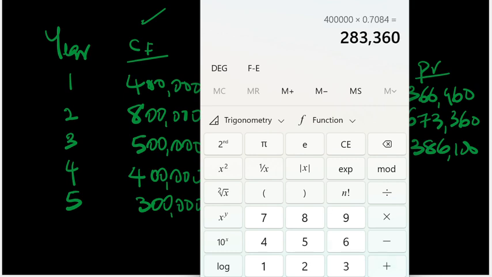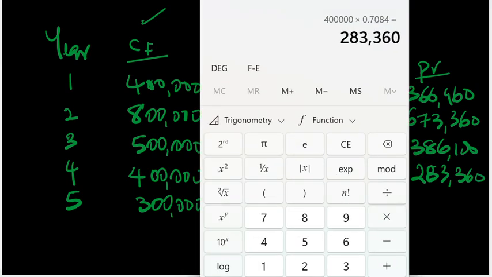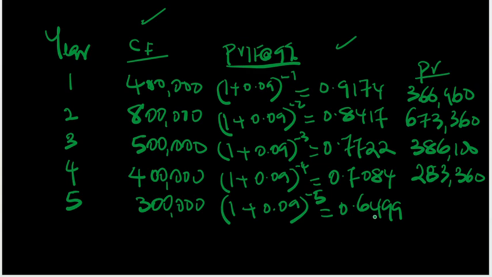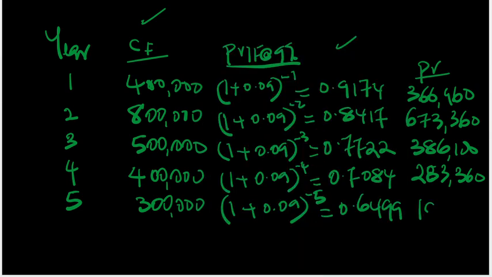That is 283,360. And the last one is 300,000 multiplied by 0.6499. That is 194,970.